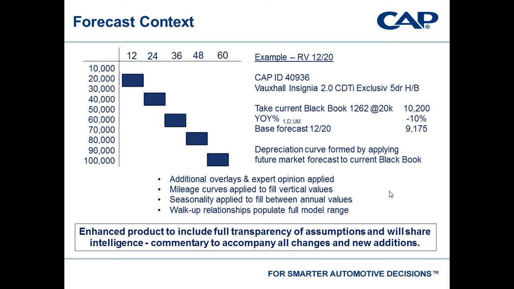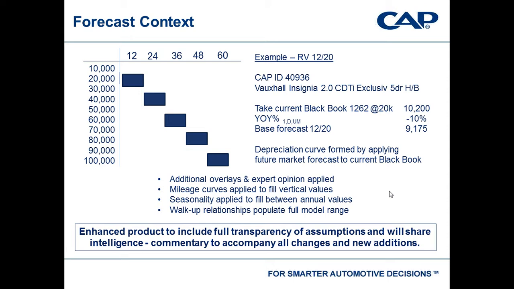And then finally, we still need to have editorial opinion. Editorial adjustment: my team sit down and look at all the numbers and say, do they make sense? Petrol against diesel, that Insignia against Mondeo, et cetera. And then we have the mileage curves, which will fill vertically in that grid. And then seasonality will do two things.